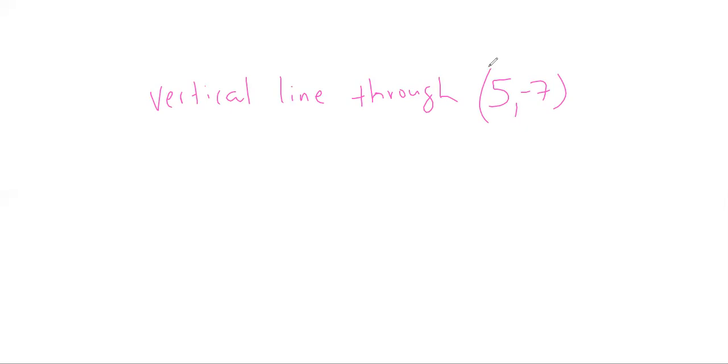There is no slope. A vertical line, if it goes through 5, -7, 1, 2, 3, 4, 5, it's out here. Okay? 1, 2, 3, 4, 5, 6, 7. At 7, it's right here. It's a vertical line. It's going to stay like that. So every time, it's just x equals 5.